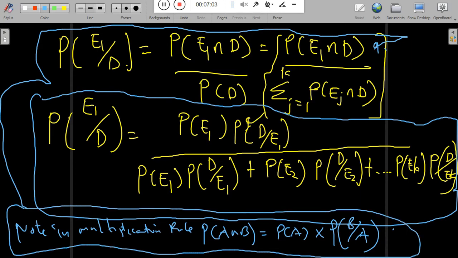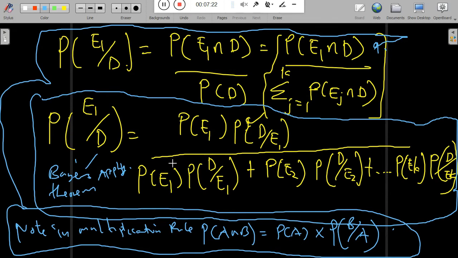So that is what we call the general formula for Bayes' theorem, as you observe. So that is how we apply it.